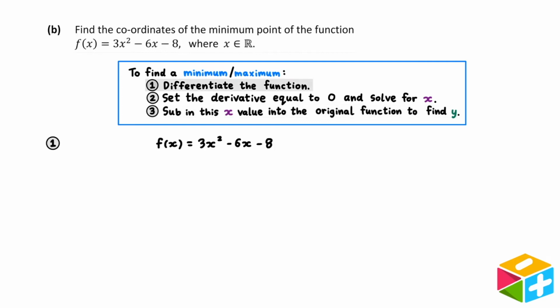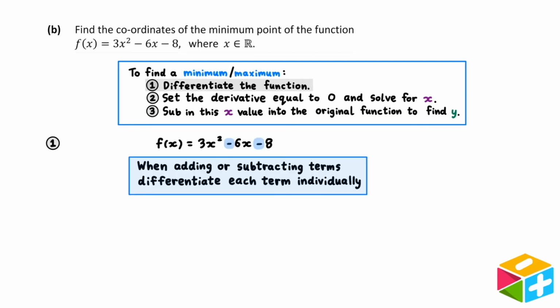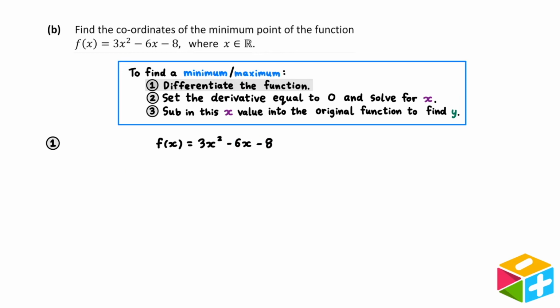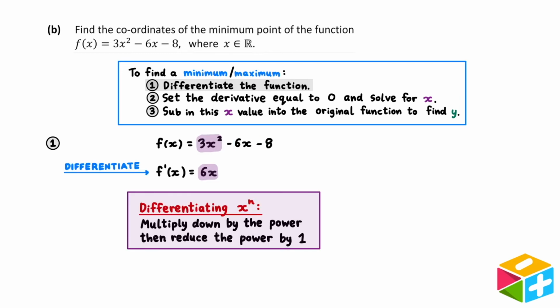So let's start with step 1, differentiating the function. Our function is f of x is equal to 3x squared minus 6x minus 8. Whenever we add or subtract terms, we differentiate each term individually. So let's start with 3x squared.